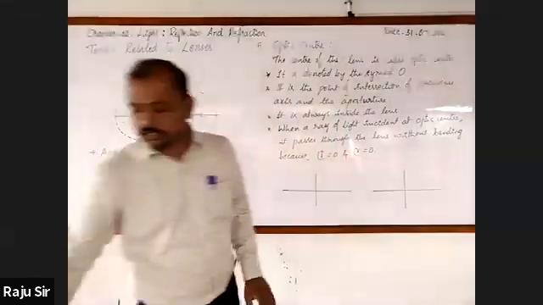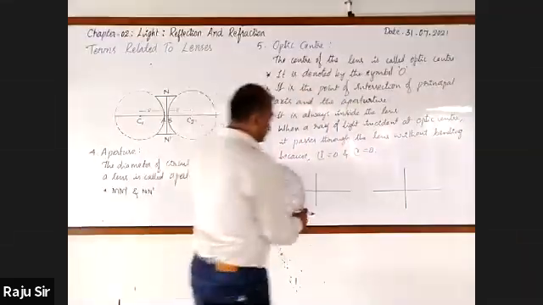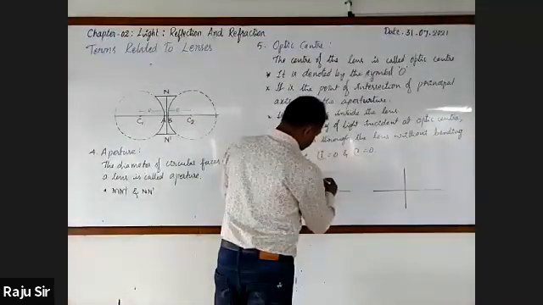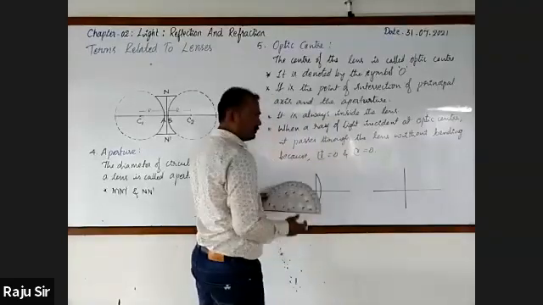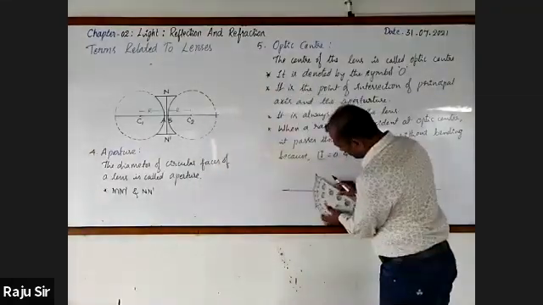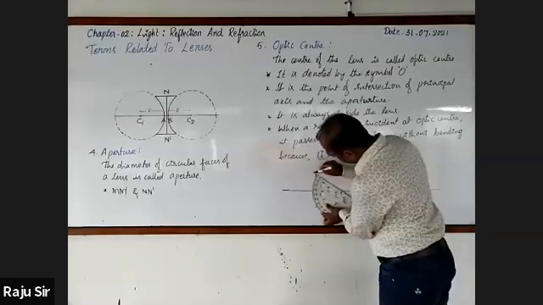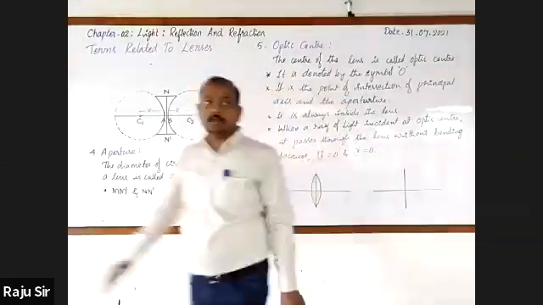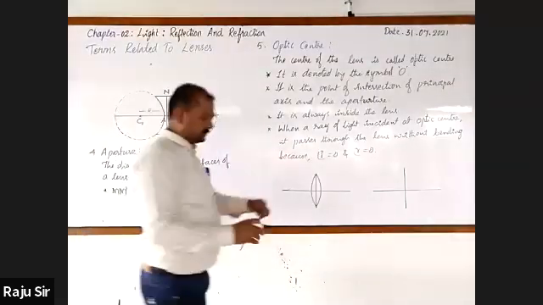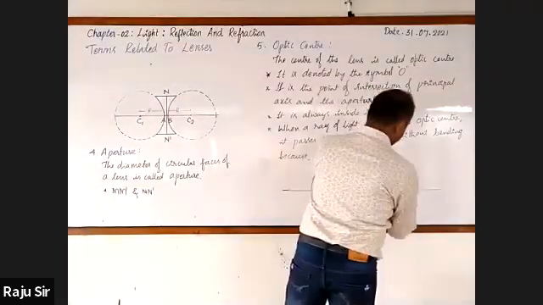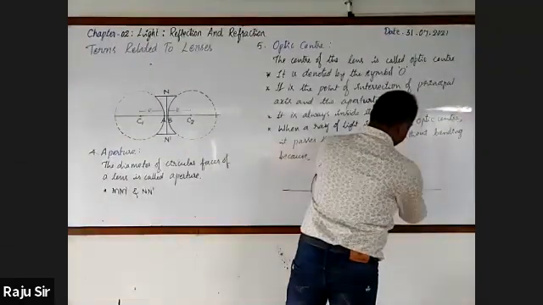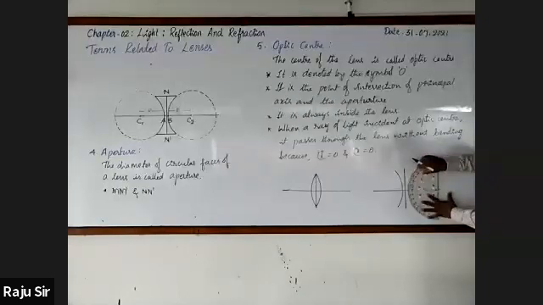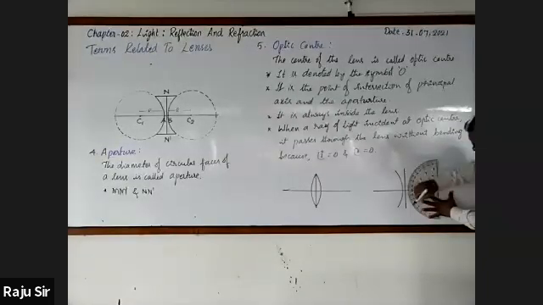Next, take a protractor. Draw the convex lens, then let us draw the concave using the protractor and the compasses. Whichever you feel comfortable with, you can use.